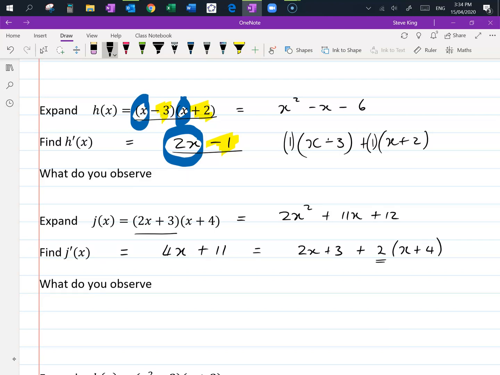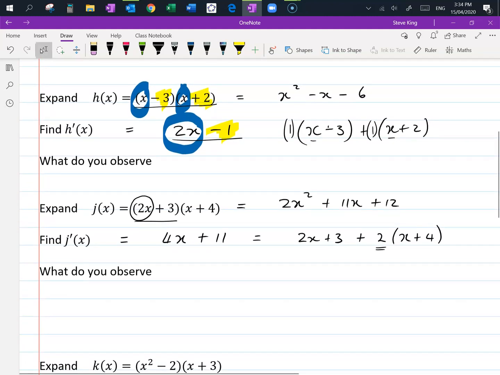Well, it's because the derivative of x is 1, and the derivative of x is 1. Why did I multiply this second bracket over here by 2? Well, because the derivative of 2x over here is 2. And this now brings us into our formula that we can use.